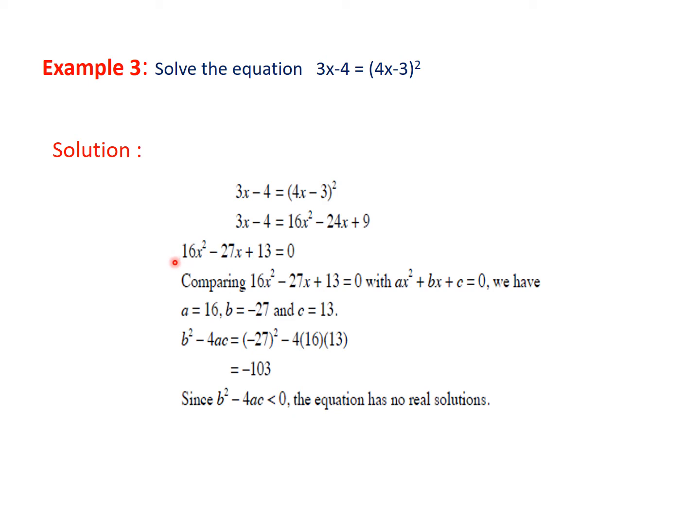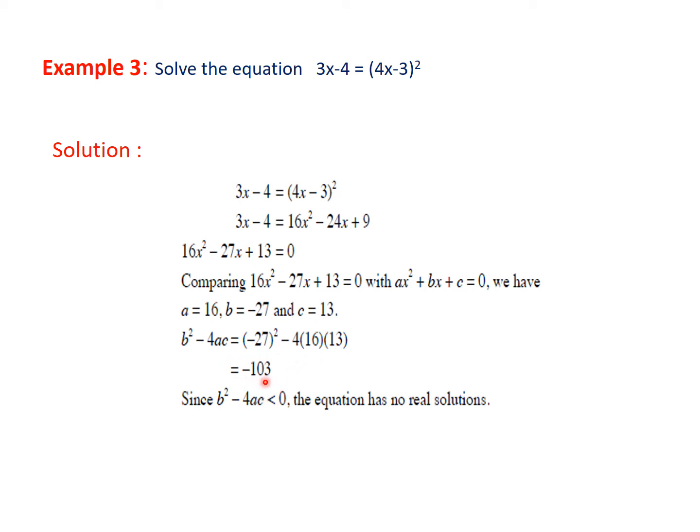Okay, now comparing here, A is 16, B is minus 27 and C is 13. These are values. Use these values. We find here b square minus 4ac. You can write here complete formula, quadratic formula, minus b plus minus under root b square minus 4ac over 2a. Or after simplification, we find here b square minus 4ac, that is discriminant. This on simplification gives us something negative.